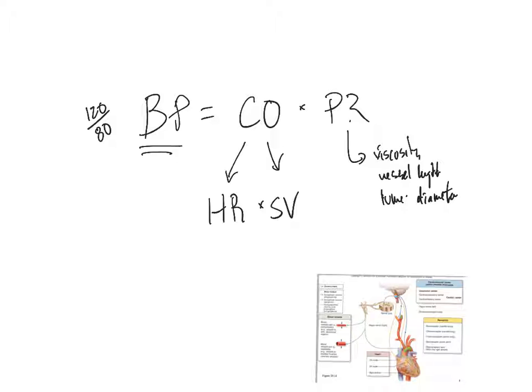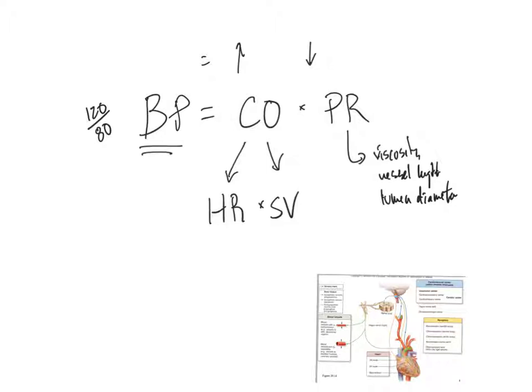So we all have our separate set points, and that is where the body wants to keep blood pressure. So if cardiac output goes up, what's going to happen to peripheral resistance? It's going to go down, because these things want to keep this equal.